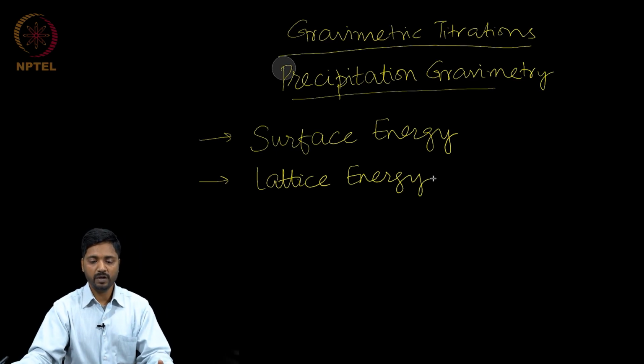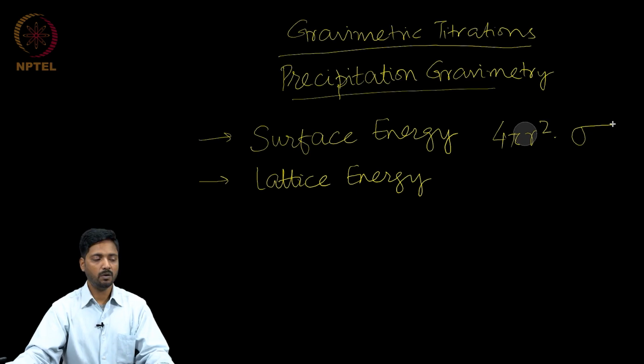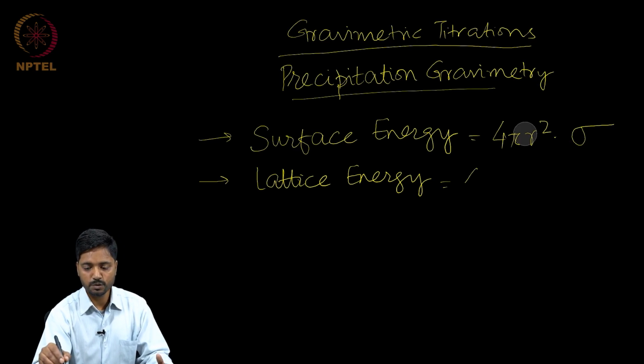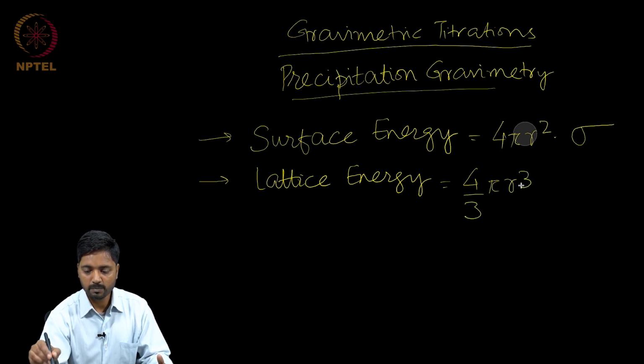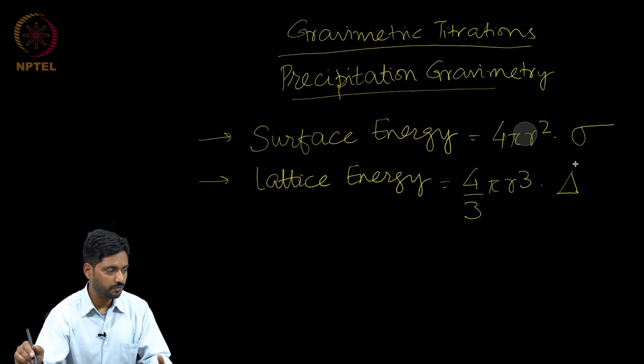Being a surface energy, it is mainly dealing with the surface of the particle, and for a spherical particle this will go as 4 pi r square into sigma, or the surface tension. Similarly, when we talk in terms of lattice energy, this is more of a volume thing. So, this will be 4 by 3 pi r cube into something like what we call delta G_V.